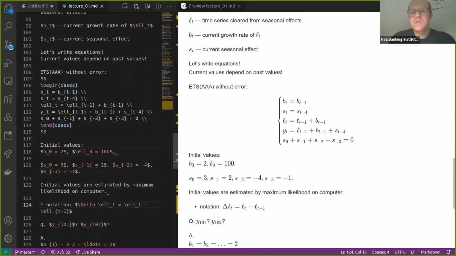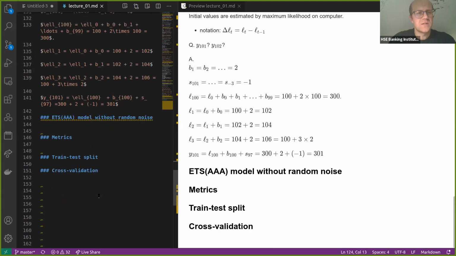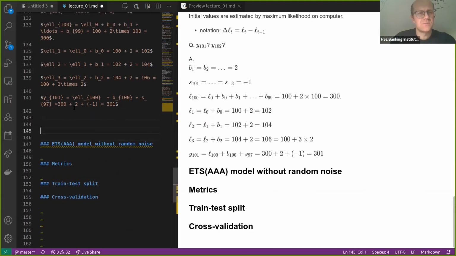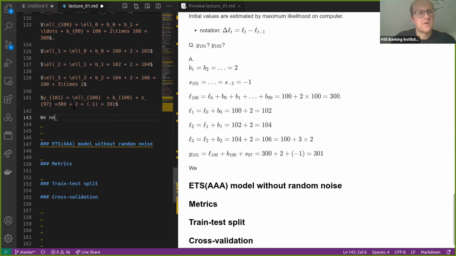The reason is simply to make a trend, to make LT interpretable.